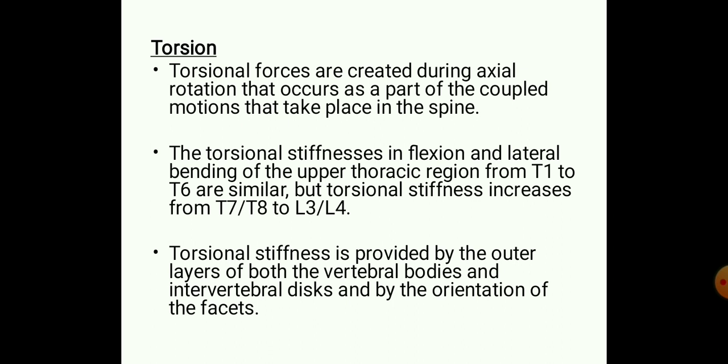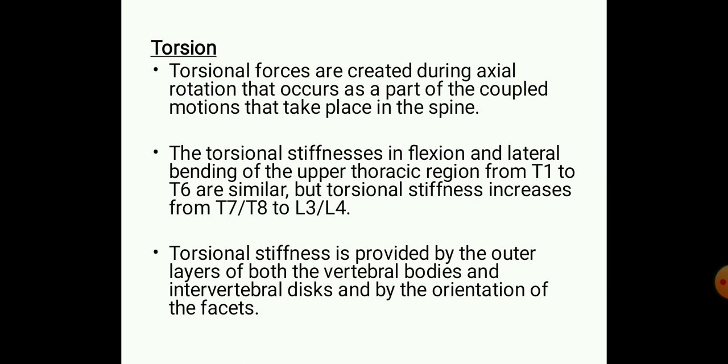The torsion stiffness in flexion and lateral bending of the upper thoracic region from T1 to T6 is similar, but torsion stiffness increases from T7 or T8 to L3 or L4. So this torsion stiffness, meaning the limitation of torsion in the spinal column, is much more predominant in the T7 to L4 vertebral region.